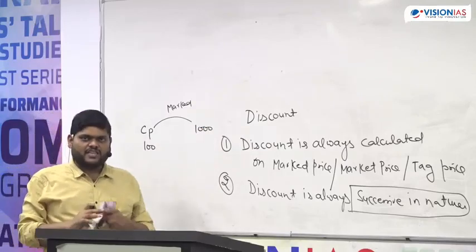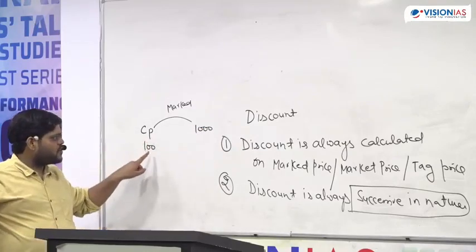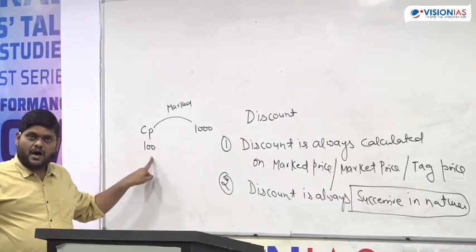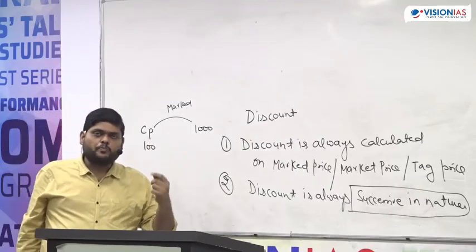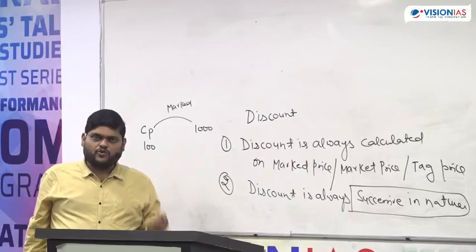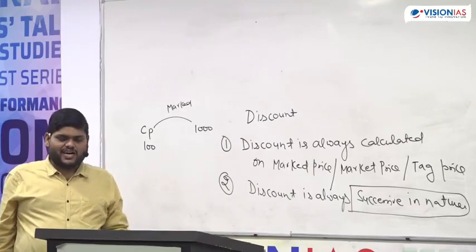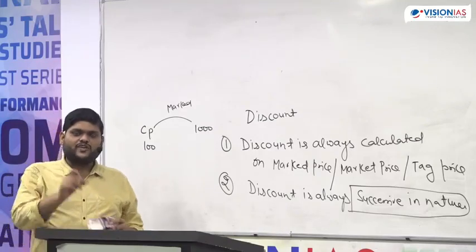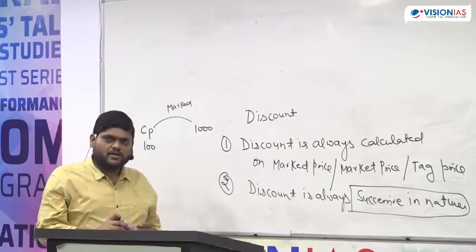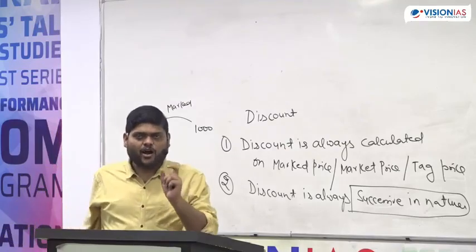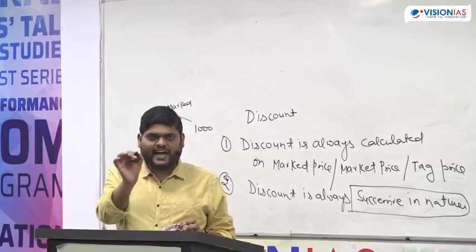The meaning of this is, the actual price of the shirt is 100 rupees, but when you go to purchase a shirt, you will get a tag on the shirt or not? You will get a tag on the shirt, and there's some price written over there.